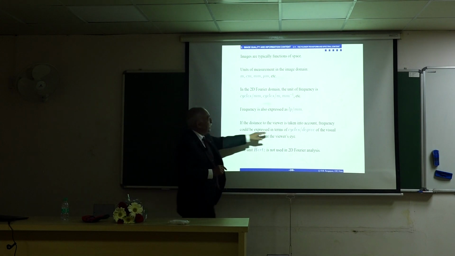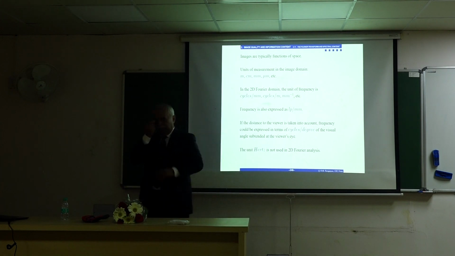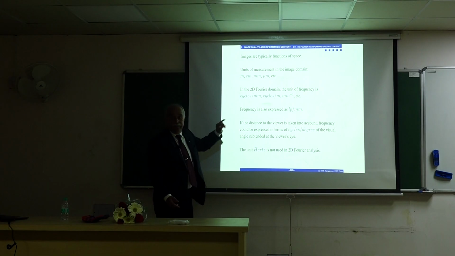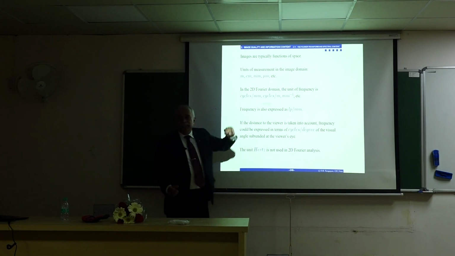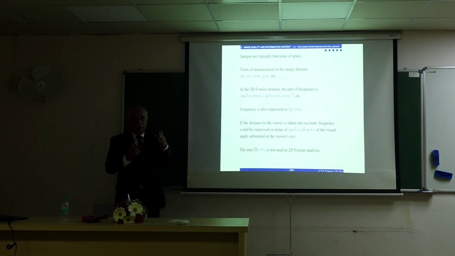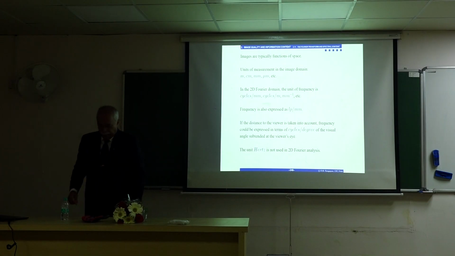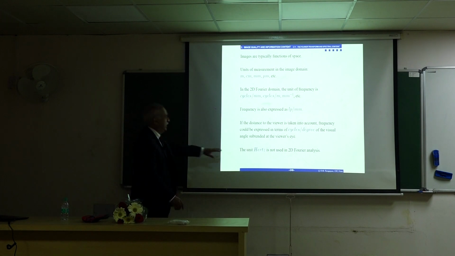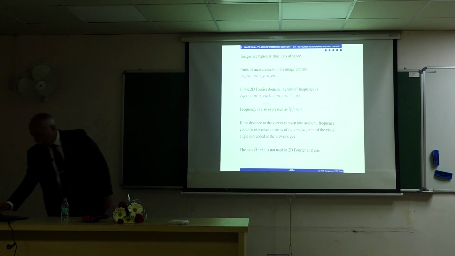Then cycles per degree of the angle subtended at the retina of the object is the frequency unit, not millimeters. With millimeters, the question is where, and what is the distance between the viewer and the object, or the camera and detector and the object. So to take that into account, you convert to degrees subtended at the detector. We don't use hertz in 2D images.